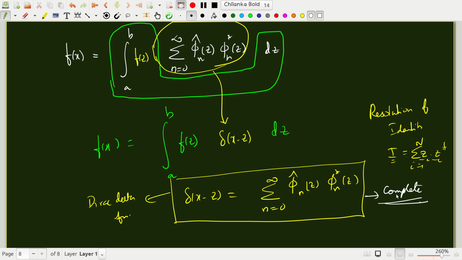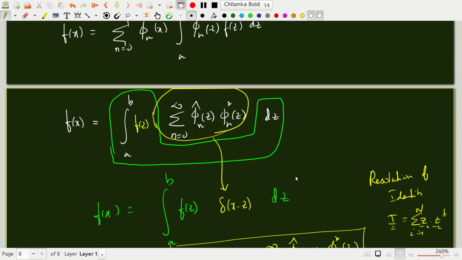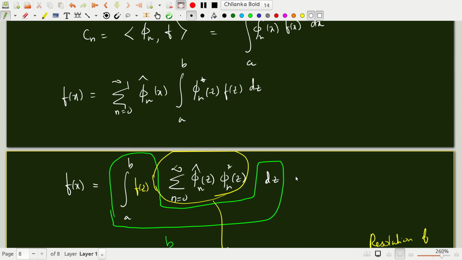If you have a set of eigenfunctions for a given differential eigenvalue problem, and you sum them all up in this fashion, there is one small change that we should have here.